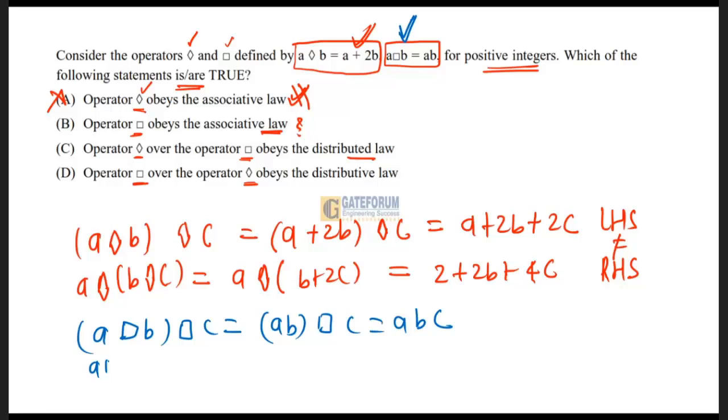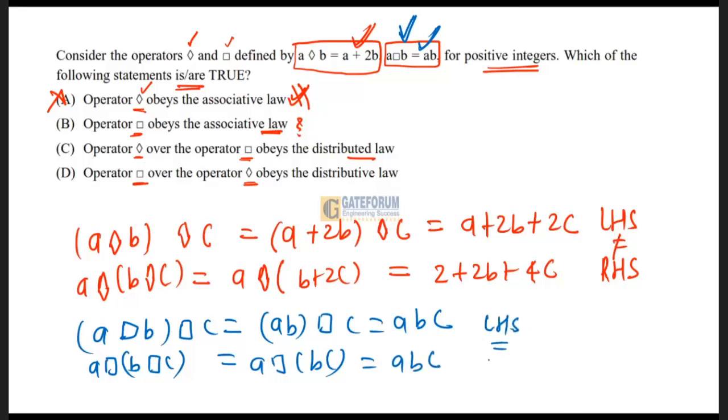And A rectangle B rectangle C equal to A rectangle with B and C. I am using this rule. So it is also ABC. So here LHS is equal to RHS. Yes, option B is following associative law. Operator rectangle, whatever this operator is, is following associative law using this rule. So B is true.